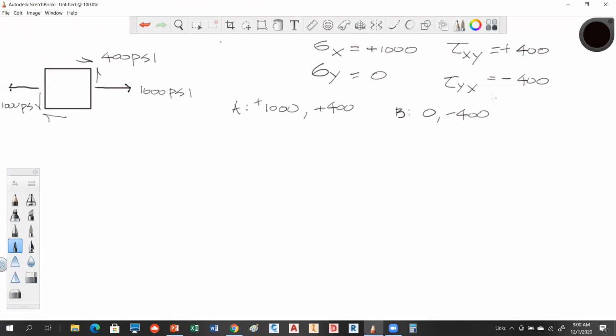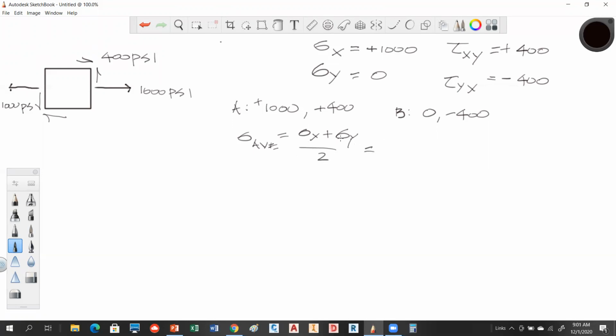Then we're also going to need to calculate the average stress, because that's going to be the coordinate of the C point on the X axis. Average stress is defined as your sigma X plus your sigma Y divided by 2.